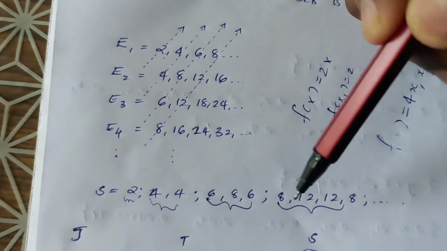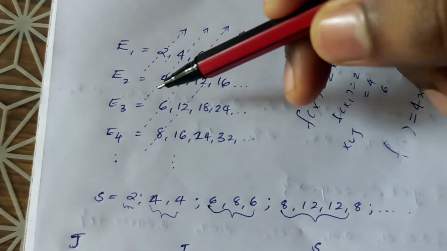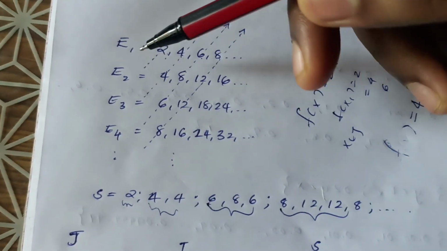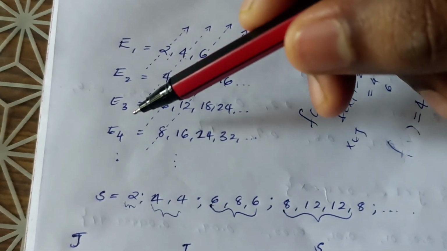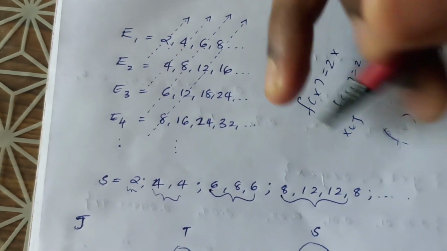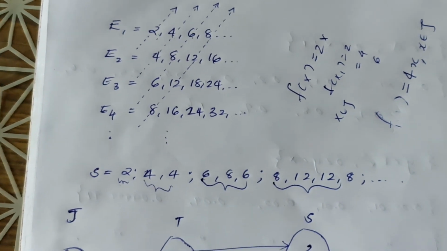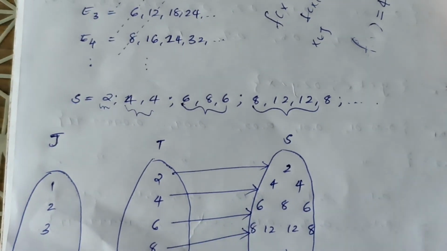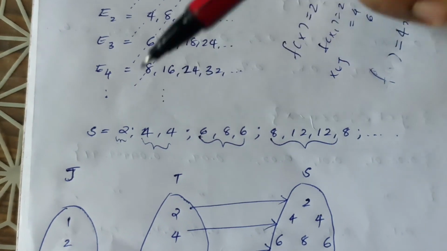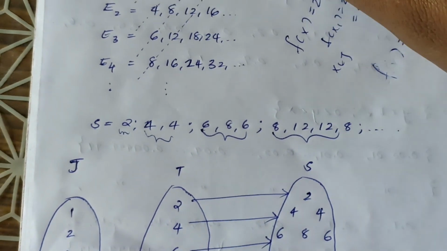What is the property of the sequence? This sequence contains all the elements of the En, right? All the elements of E1, all the elements of E2, all the elements of E3, etc., all the elements of En. These contain all the elements of the union of E, right? When we can find a 1-1 correspondence between our J and this sequence S, then we can say that S is countable, right?